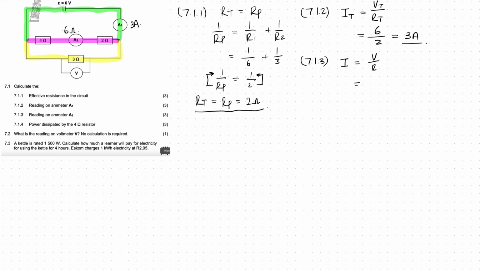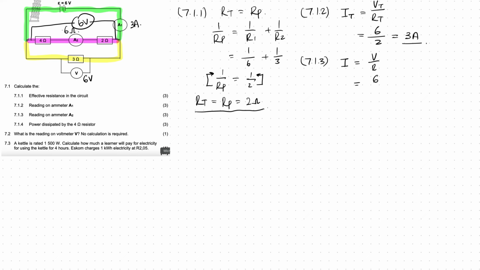Now, remember, the voltage in parallel is the same. So because there's nothing connected in series in that green section, the voltmeter reading here, 6, is going to be the same as if I connected a voltmeter here, 6 volts. So that purple branch and that yellow branch is going to have a voltmeter reading of 6 volts.